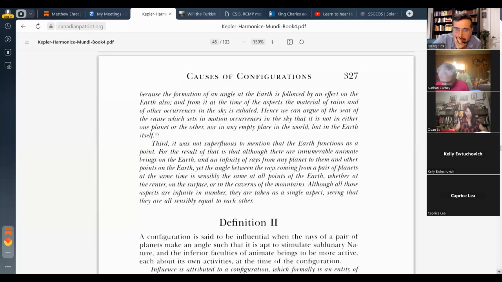Although all those aspects are infinite in numbers, they are taken as a single aspect, seeing that they are all sensibly equal to each other. So far, so good. Yes.